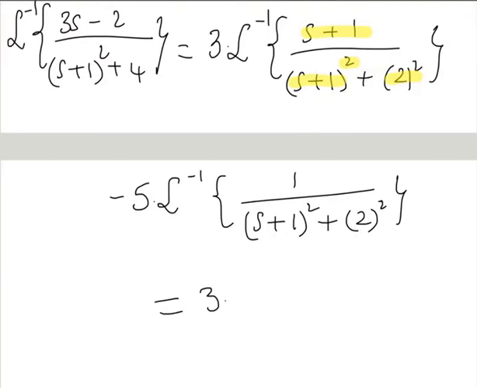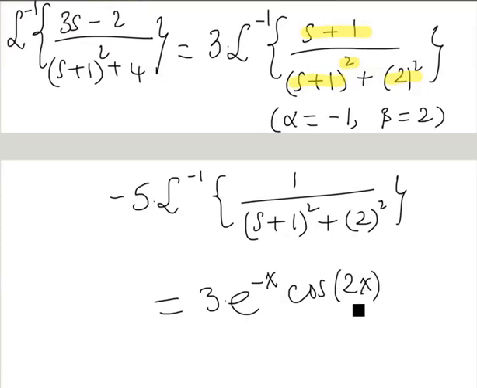So we're using alpha is minus 1 and beta is 2. Okay. So we will have e to the minus x cosine 2x.